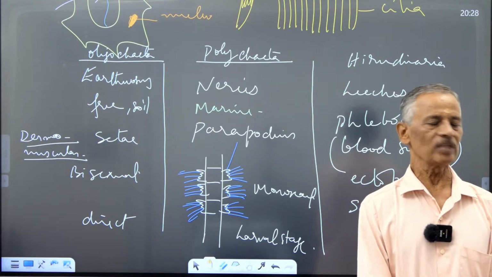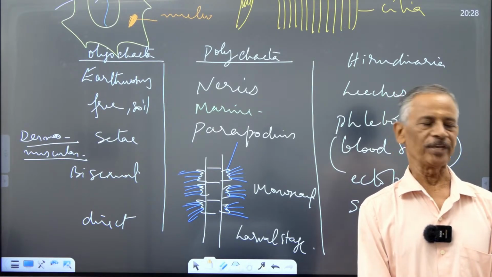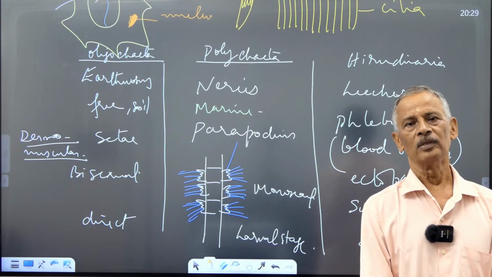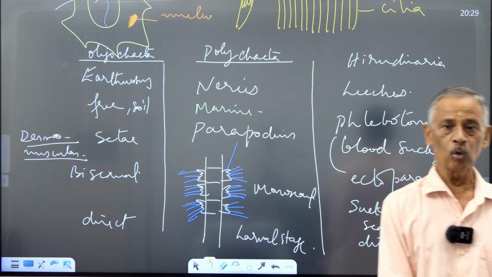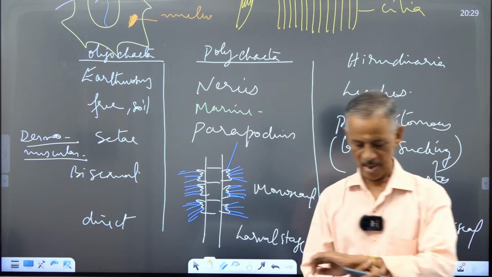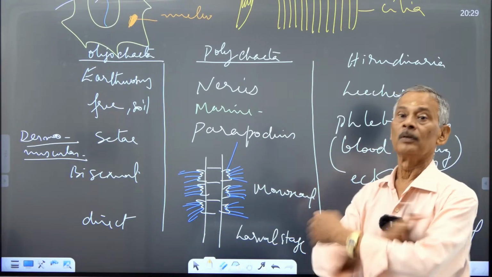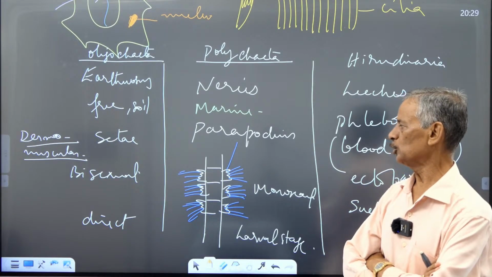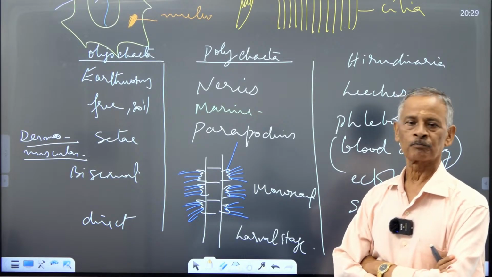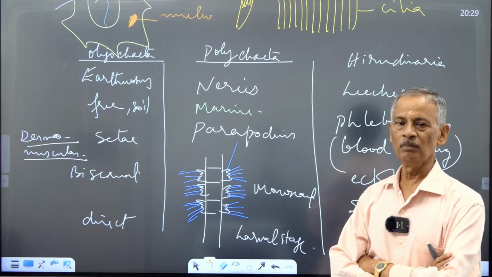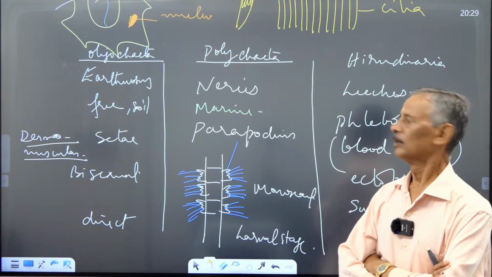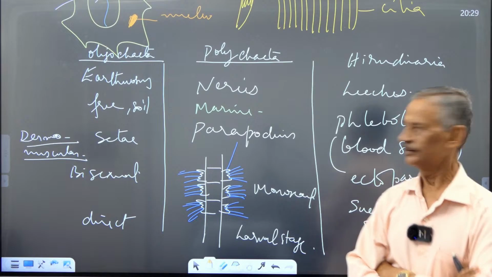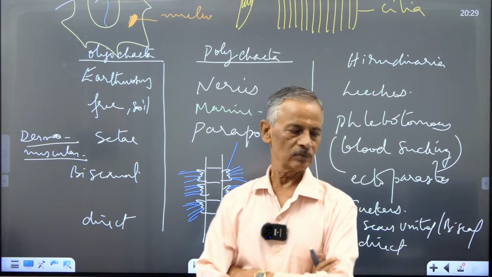They are attached with the body wall and alimentary canal. In the alimentary canal as well as the body wall you are having both circular and longitudinal muscles. Such body wall and alimentary canal are seen for the first time in annelids.